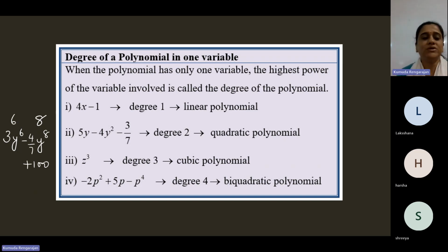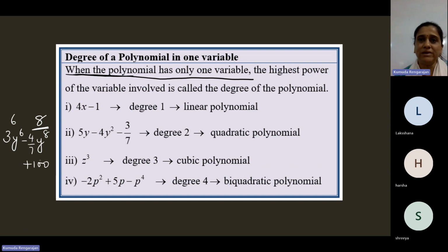Now, between 6 and 8, which is greater? 8. So the degree of this polynomial is 8. Now see the explanation. When the polynomial has only one variable.